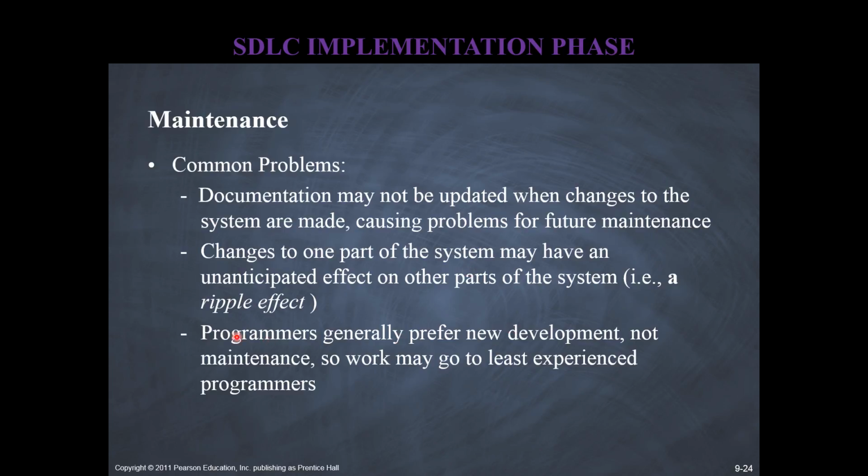All this is made worse by the fact that programmers generally prefer new development, so people who really know how the system works and know the architecture are not involved in maintenance. Typically maintenance is done by system administrators, who are not responsible for the development. So there's always a gap in knowledge or communication.